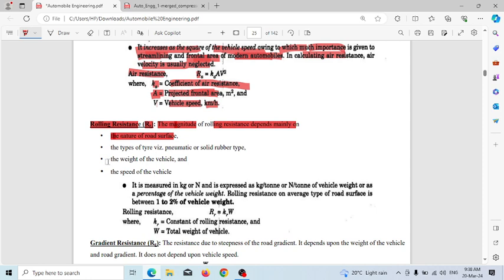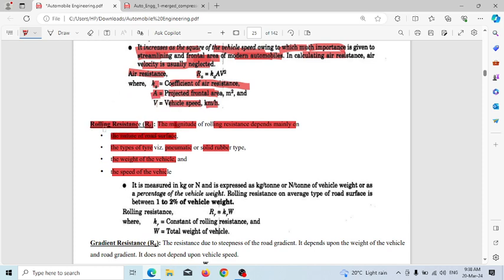These 4 points are the nature of the road, type of tires, for example pneumatic or solid rubber type, weight of the vehicle, and speed of the vehicle. These 4 factors affect the body's ability to move on the road.